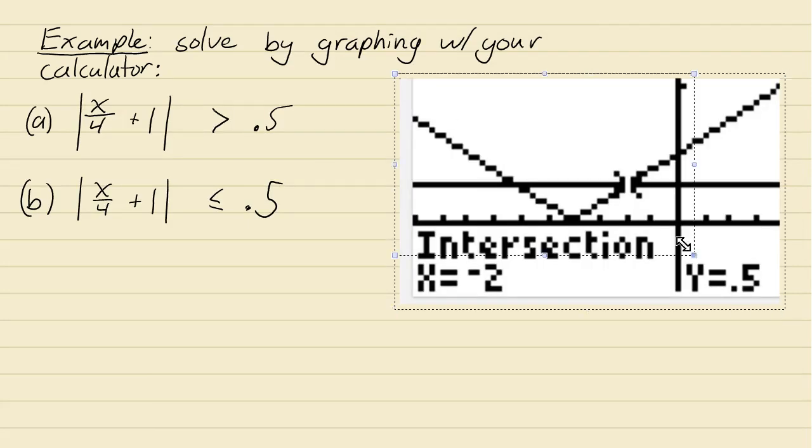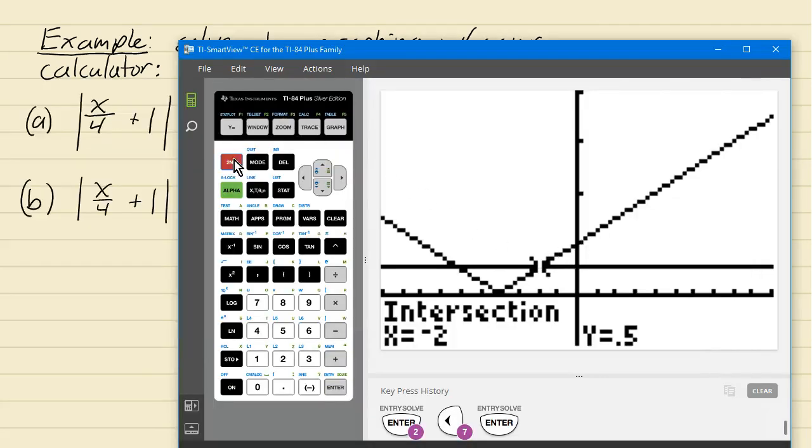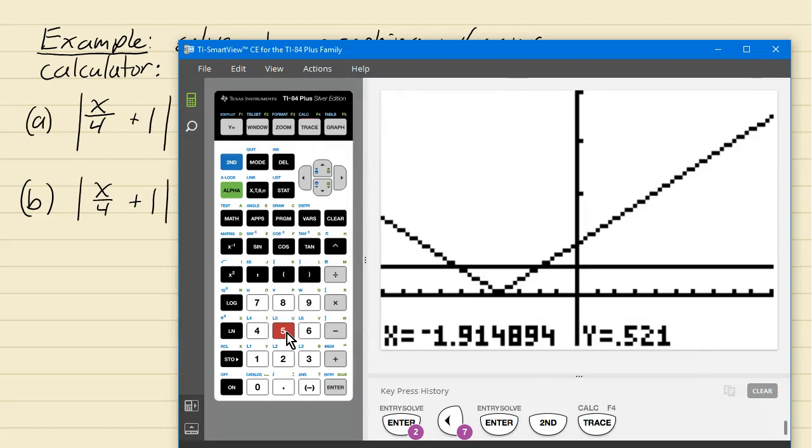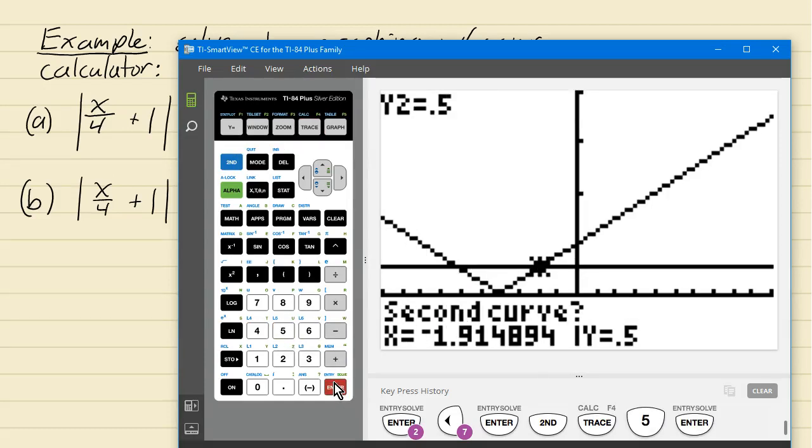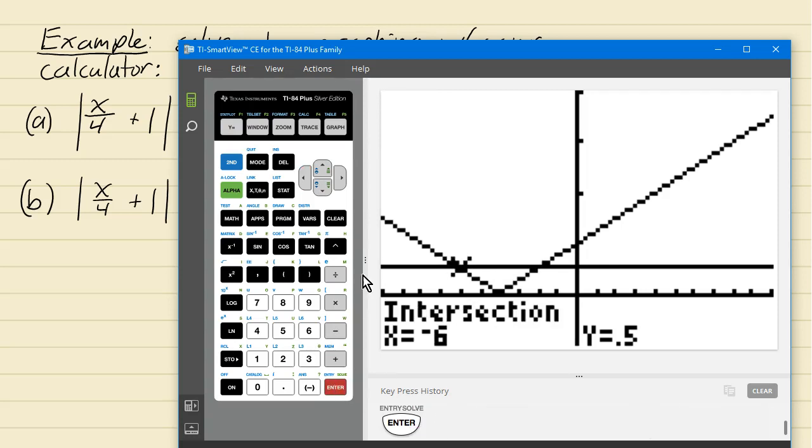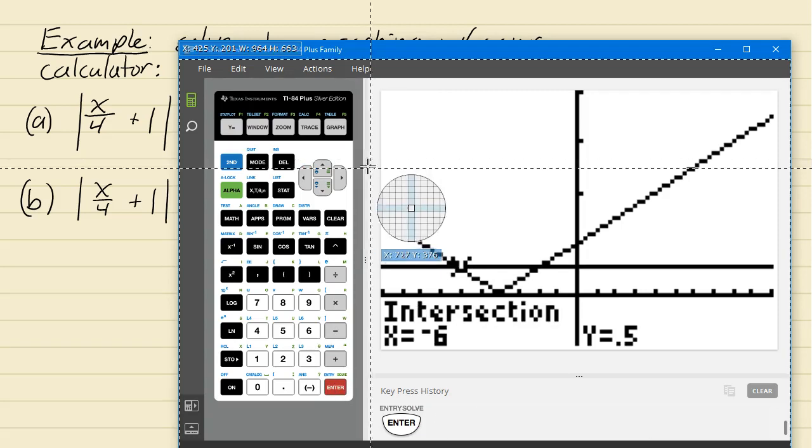That gives you one intersection point. For the other one, second calc 5, press enter twice. Scooch your guess over closer to the second intersection point here, and we get exactly -6.